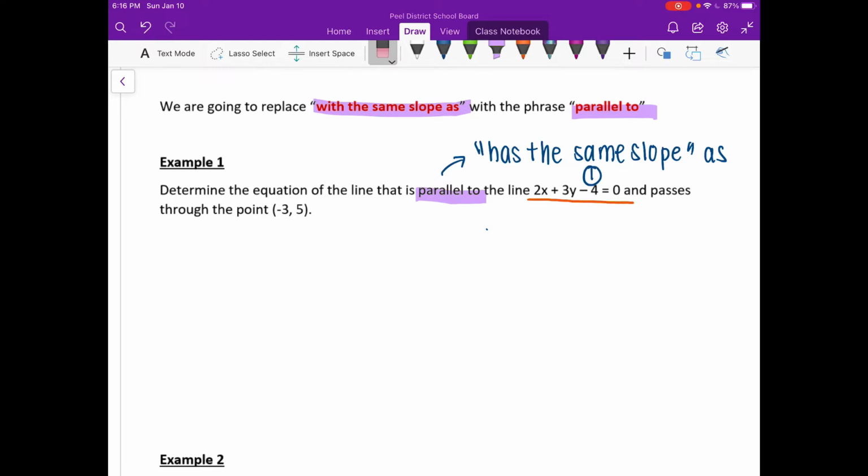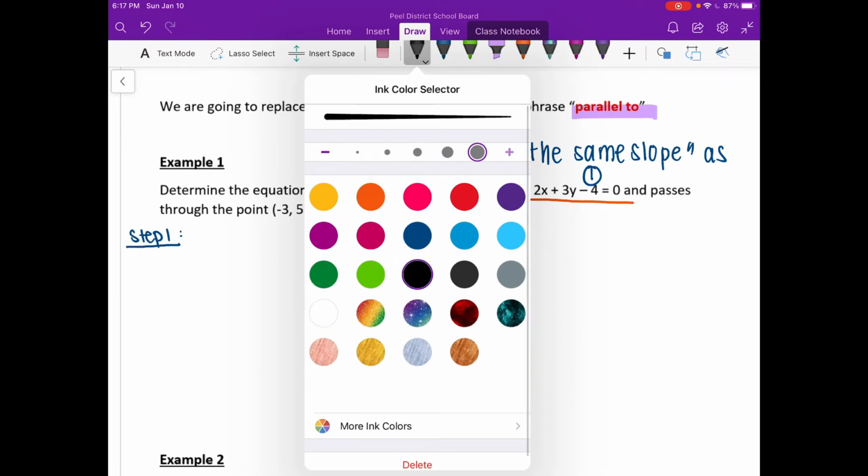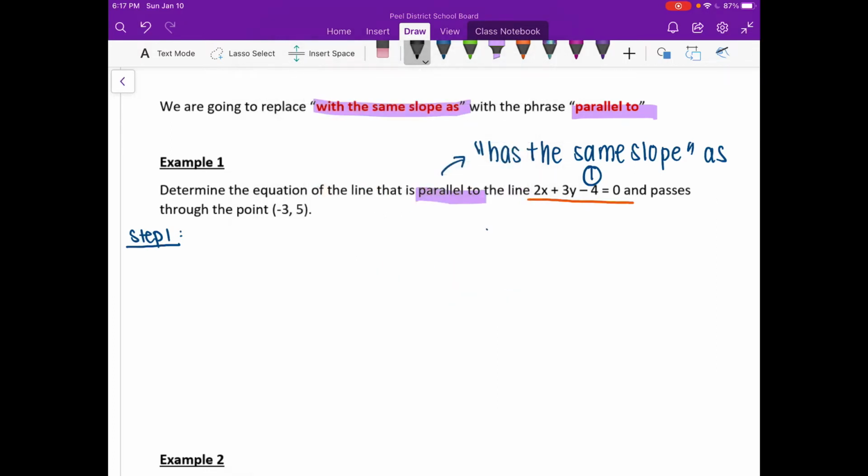And I'm just going to label that as line 1. Like I said here, highlighted, parallel to means that you have the same slope. So the first thing we're going to do, step 1, I'm just going to change this to a black pen.